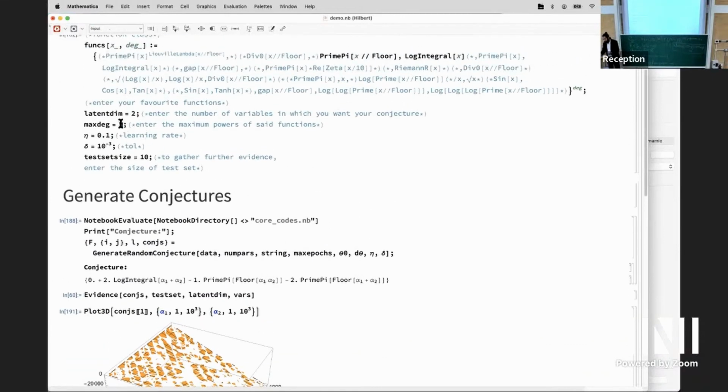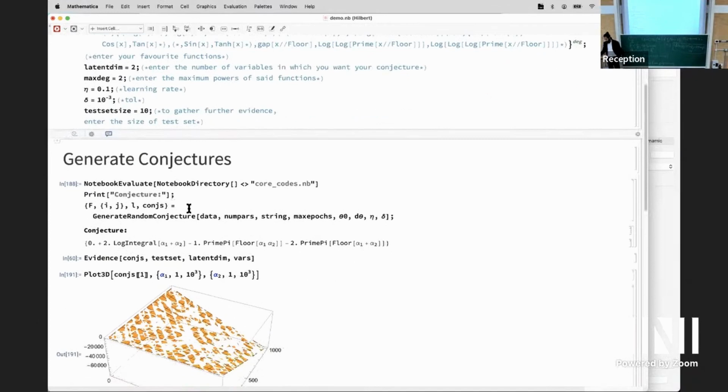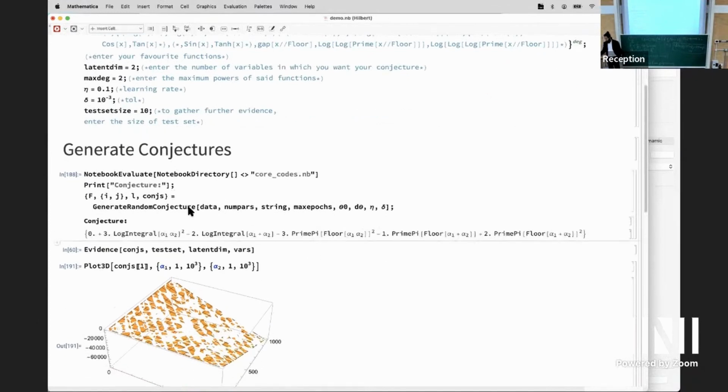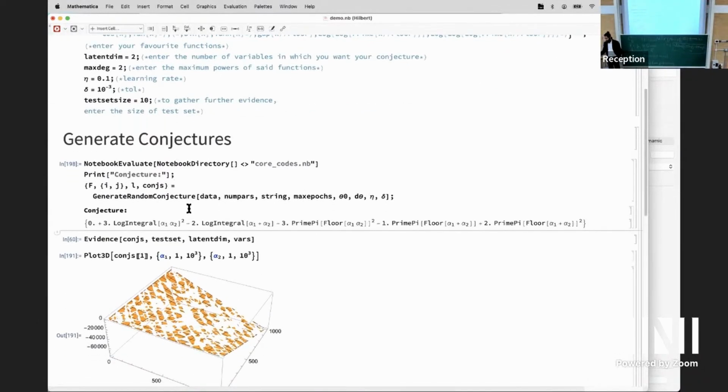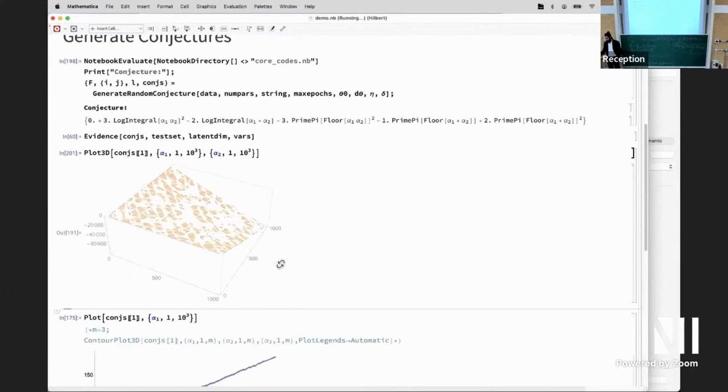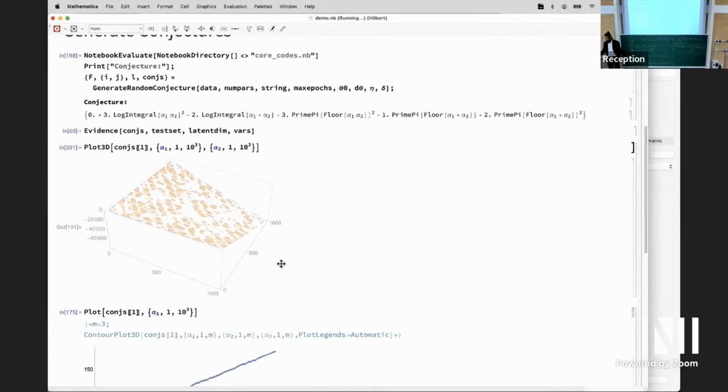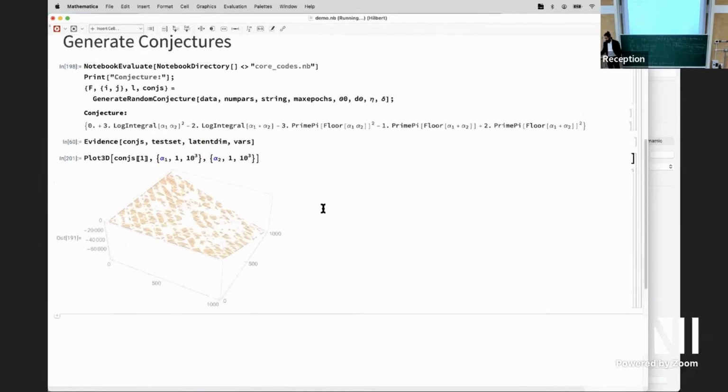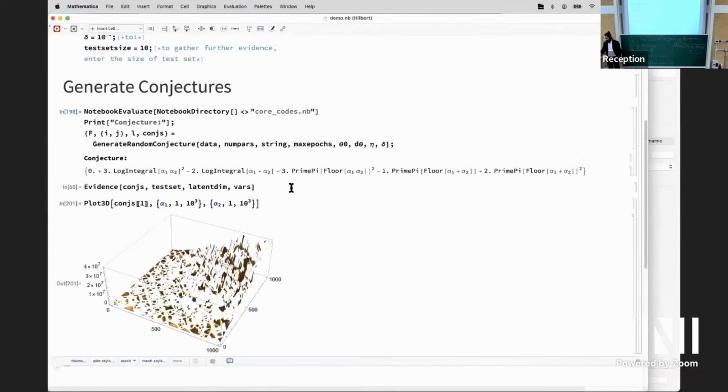Let's generate even more complicated ones. Let's up the degree. It is beginning to sweat a little bit. What's this?